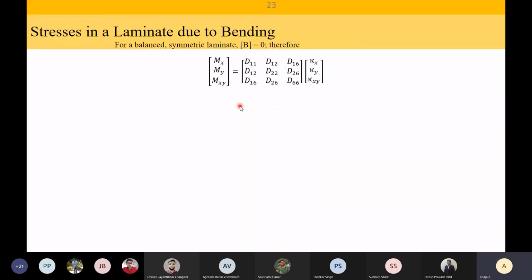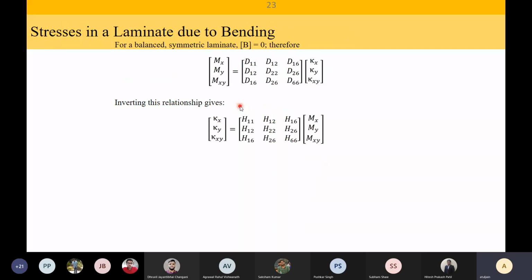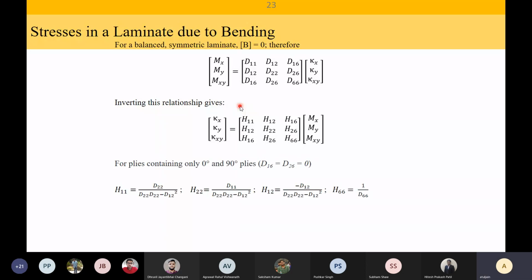Next, let us look at stress in a laminate due to bending. When you apply a bending load, and if your laminate is symmetric, then the B matrix is 0. So I am getting Mx, My, Mxy equal to D matrix into curvature. If I invert this relationship, I am getting something like this: K is equal to H into M. If I only have 0 and 90, then D16, D26 is 0.